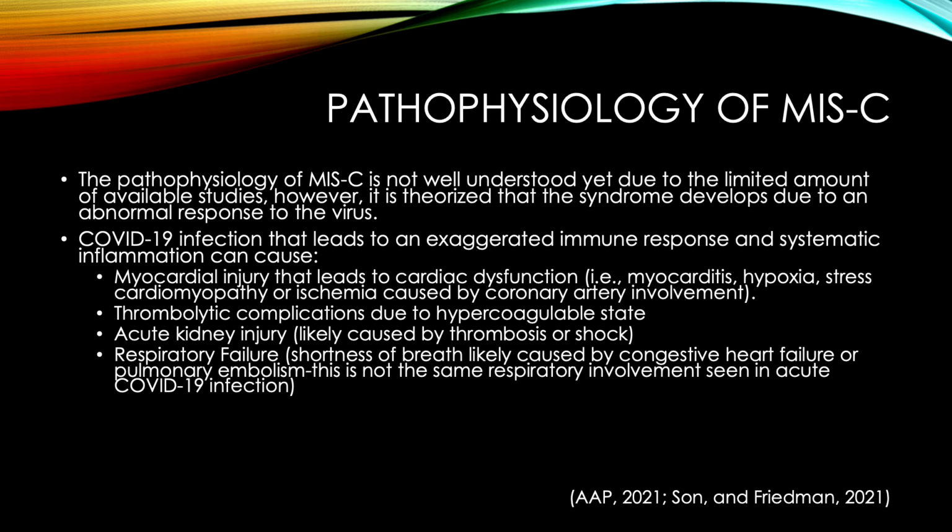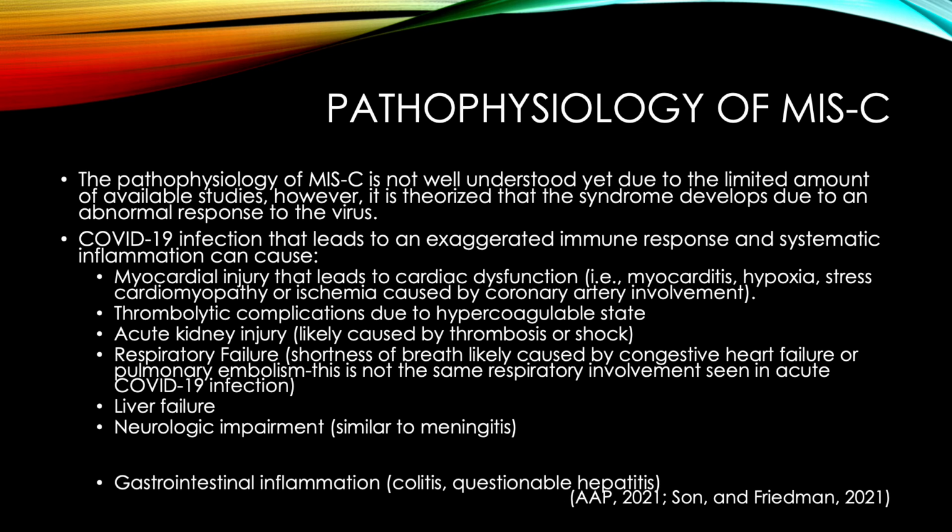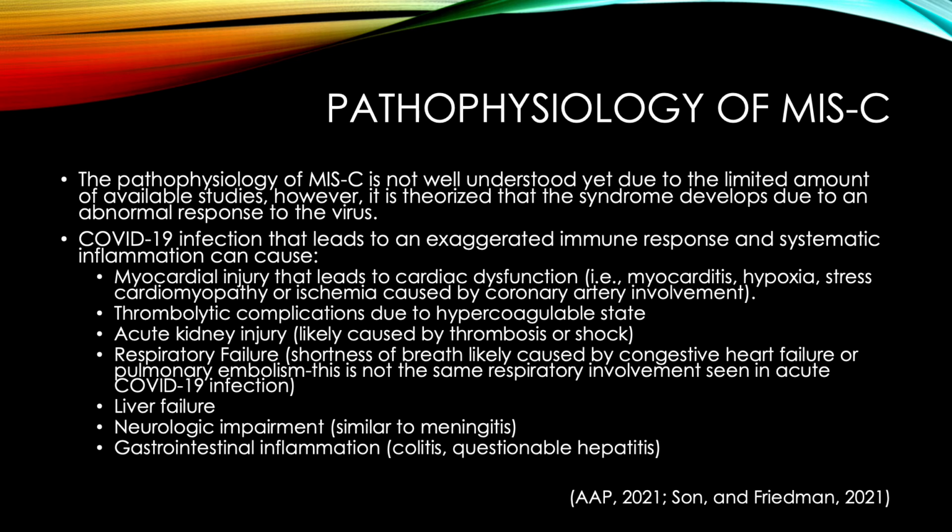Respiratory failure with MIS-C is different than respiratory failure from COVID. That's going to be talked about in a minute. Liver failure, neurologic impairment, similar to meningitis. They might be altered, confused, lethargic. Gastrointestinal inflammation, colitis, questionable hepatitis, even questionable appendicitis.